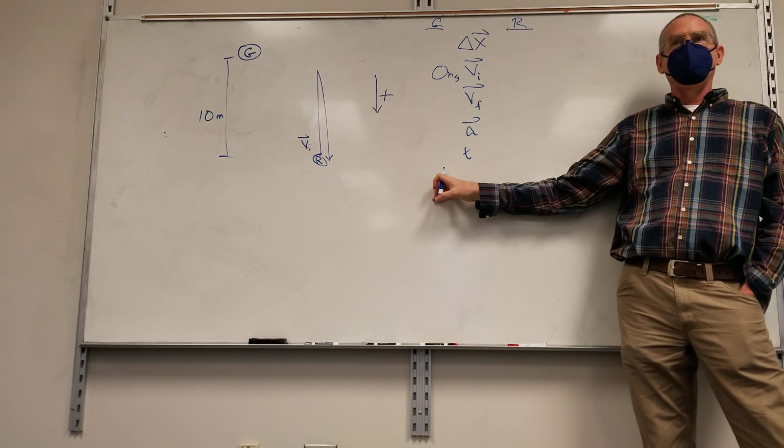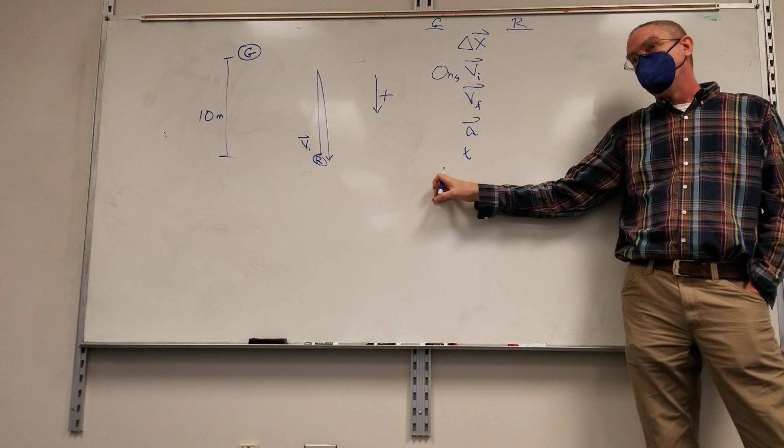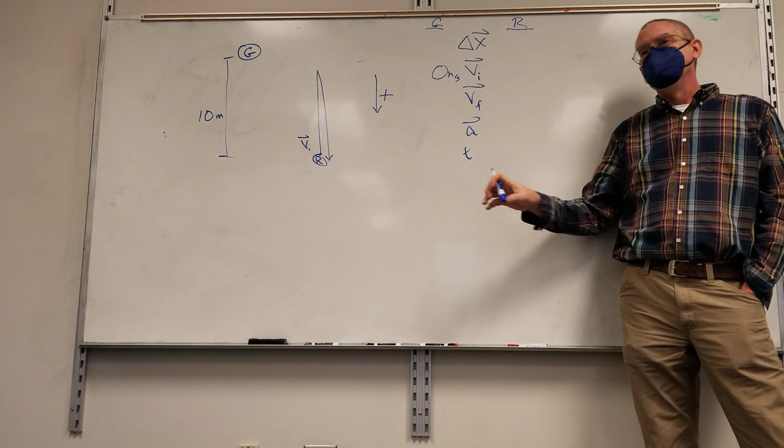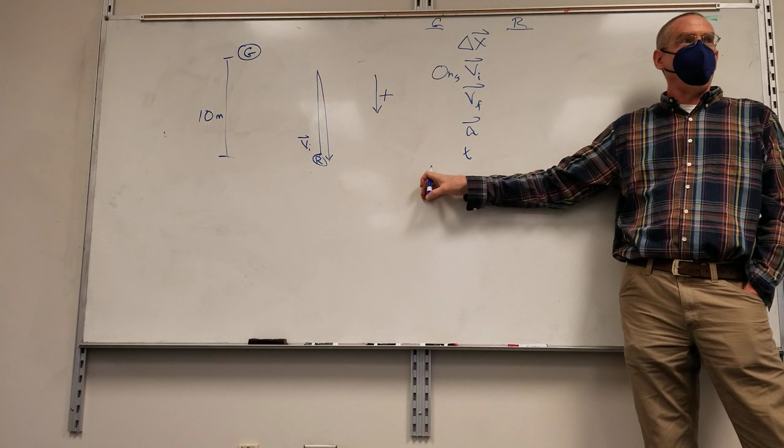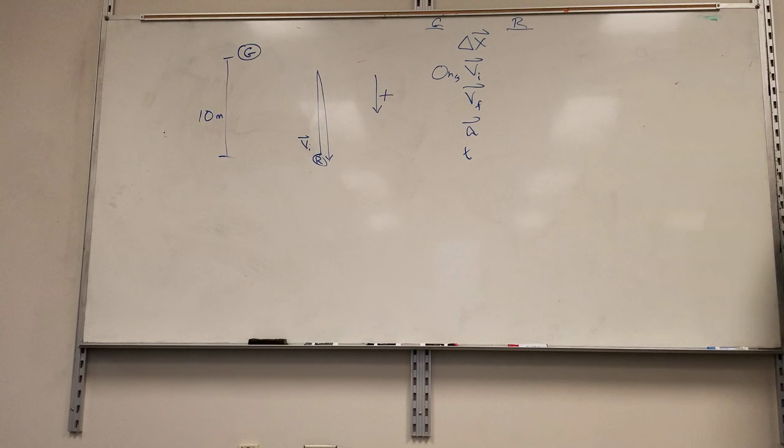Don't know yet. Positive. I hope so. We could set it up so time is negative, but that means that we set time equal to 0 at some point in the future.